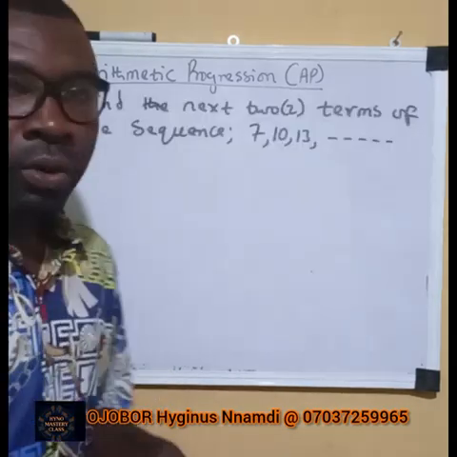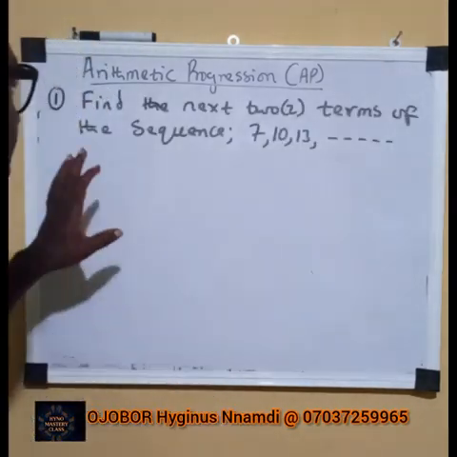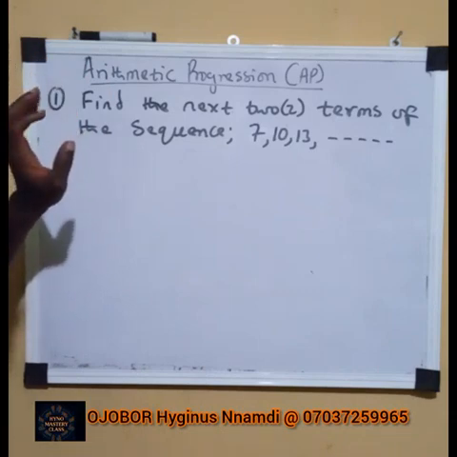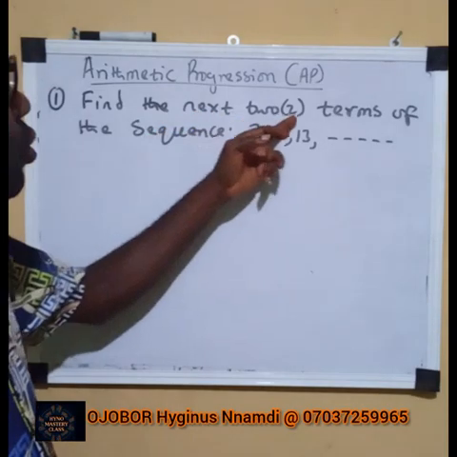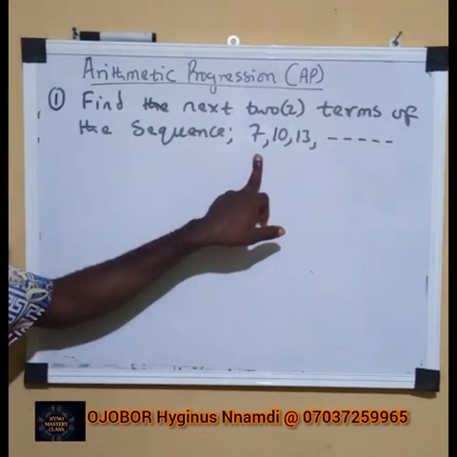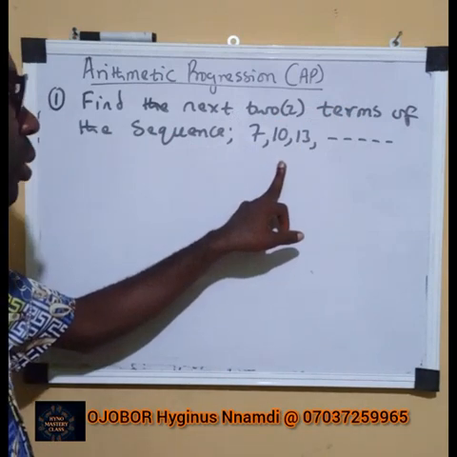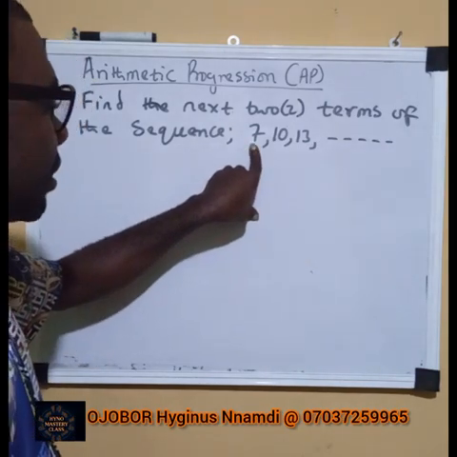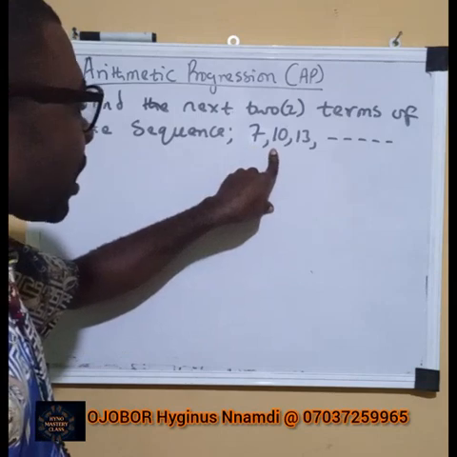Okay, let's look at this simple example just to give us a background of arithmetic progression. They said find the next 2 terms of the sequence. If you look at this sequence, we need to know the kind of sequence it is. If you add 3 to 7, it becomes 10.